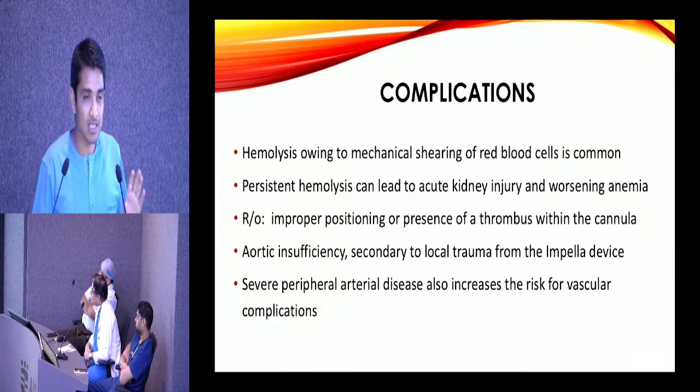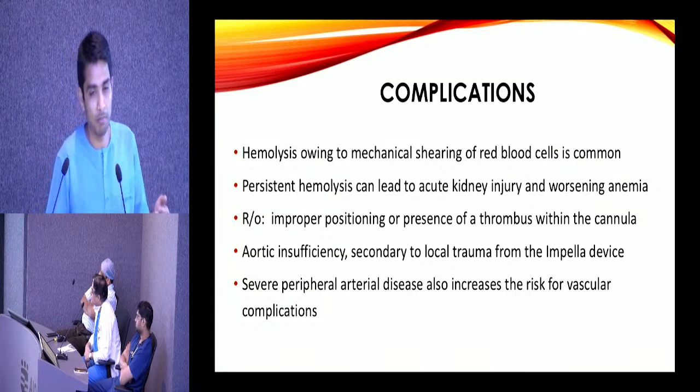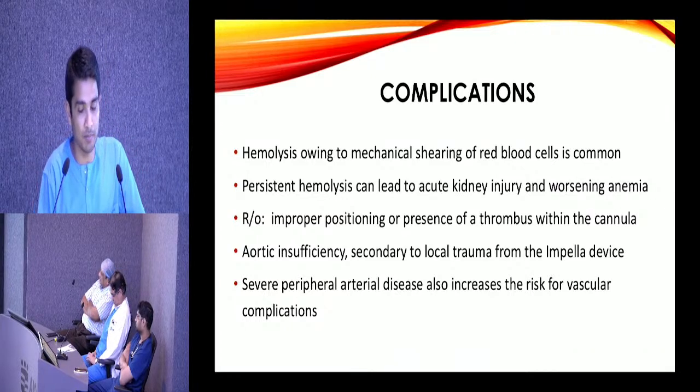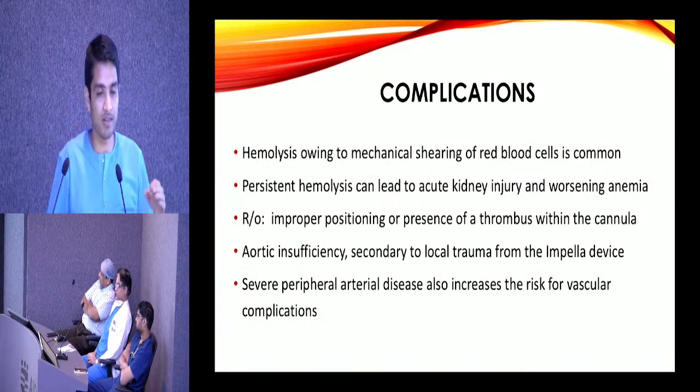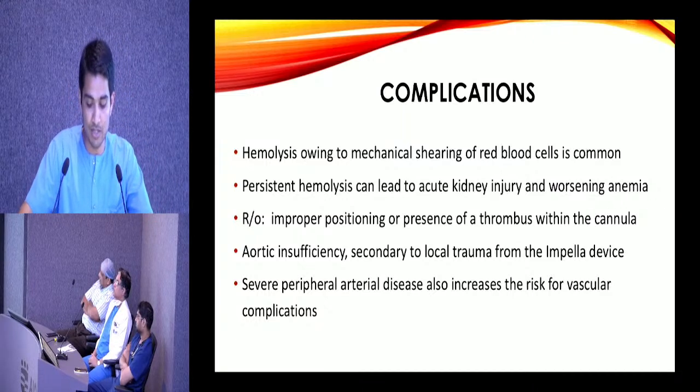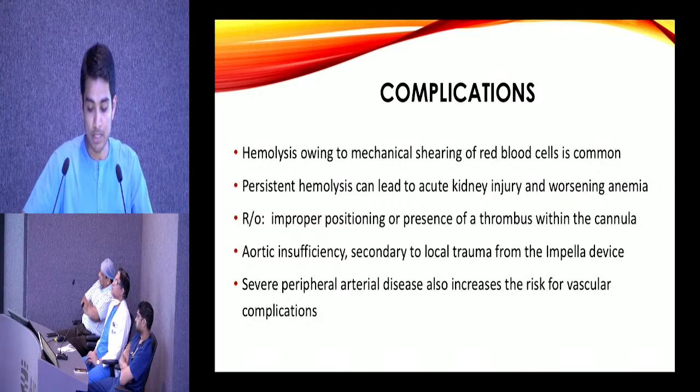Now, complications that are specific to the impeller and the pulse cath: both can have hemolysis, more so with the impeller than the pulse cath because it's a microaxial pump. And persistent hemolysis is one of the key limitations of using these kinds of devices if there's acute kidney injury or worsening anemia. Positioning is important.